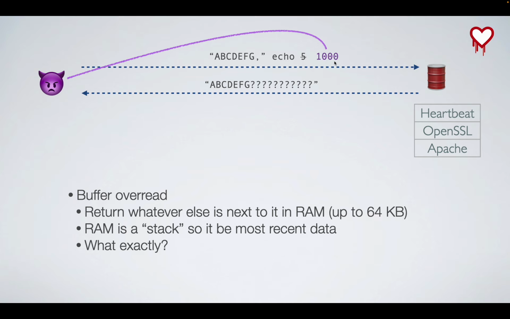It turns out for heartbeat, you could ask for different values here. You couldn't ask for an infinite amount of data; there was an upper limit of 64 kilobytes, which is a lot of data. So it would send you back the most recent data in RAM that hadn't been erased yet. Also, when you're done with stuff in RAM, you don't erase it.